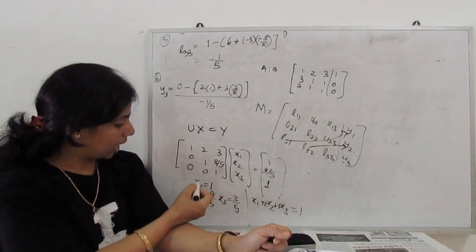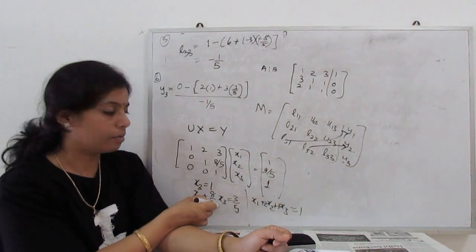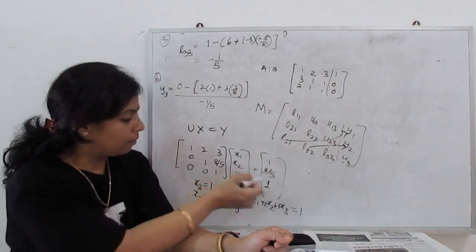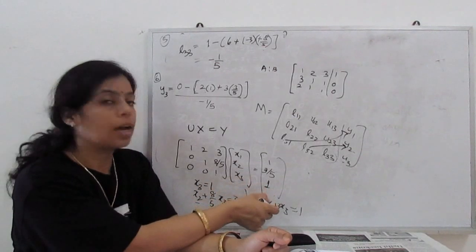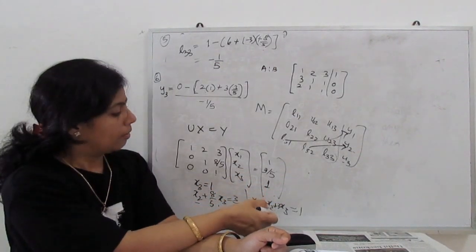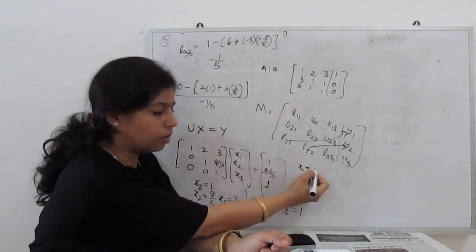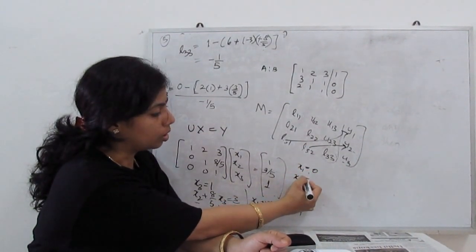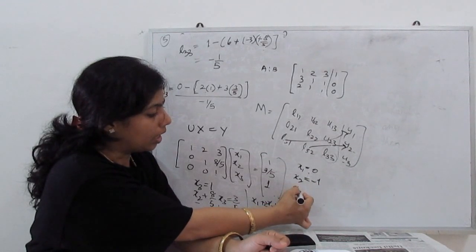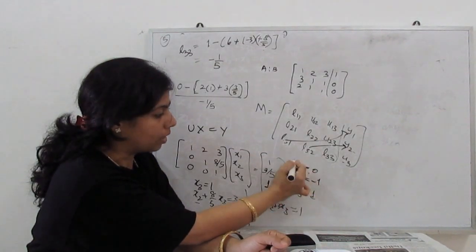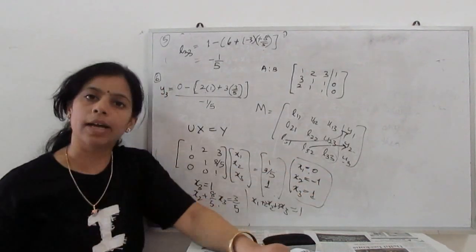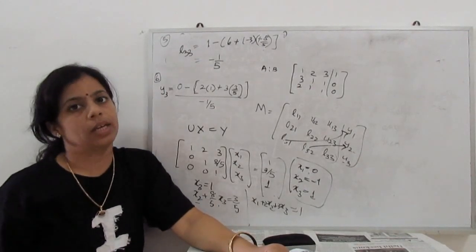When substituting x3 equal to 1 here, we will get the value of x2. When substituting x2 and x3 here, we will get the value of x1. When we simplify, we get the result x1 equal to 0, x2 equal to minus 1 and x3 equal to 1. That's the solution of the given system of linear equations.